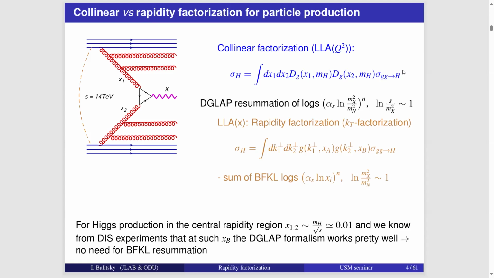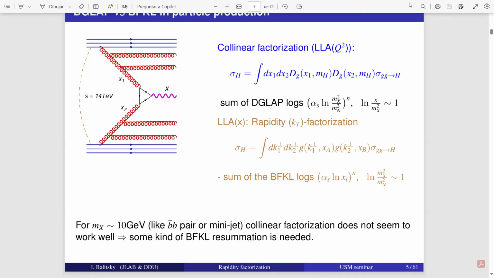By the way, for Higgs production only this is important, and the reason is very simple. For Higgs production in the central rapidity region, the x1 and x2 fractions are of order 0.01. And we know from experiments that for such Bjorken x, the DGLAP formalism works pretty well. So there is no need for small-x resummation in this case.